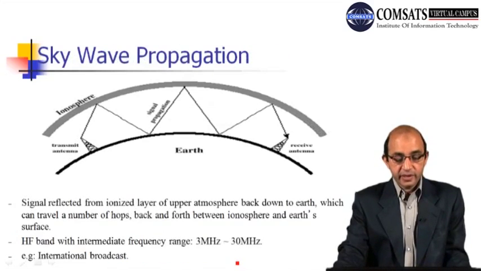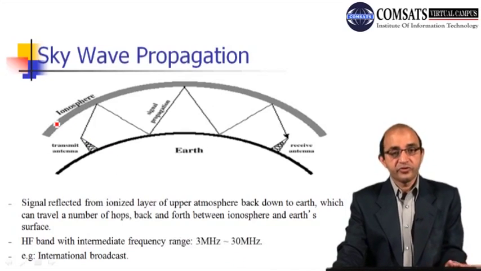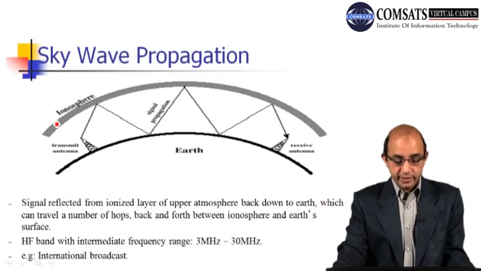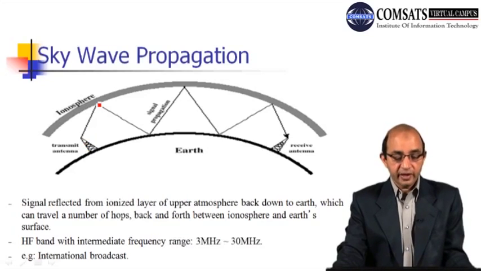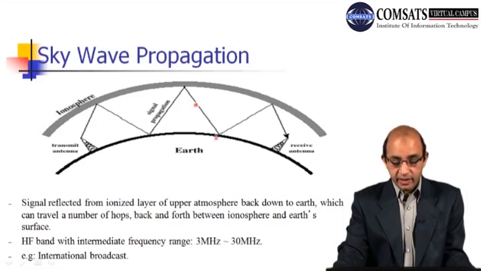And then we have the sky wave propagation. As we know, we have a layer of ionosphere around us over the surface of the earth. You can see that the transmission antenna will be transmitting the signal, and this signal will be reflected back and forth between the ionosphere layer and the surface of the earth, and then finally we have the receiving antenna.